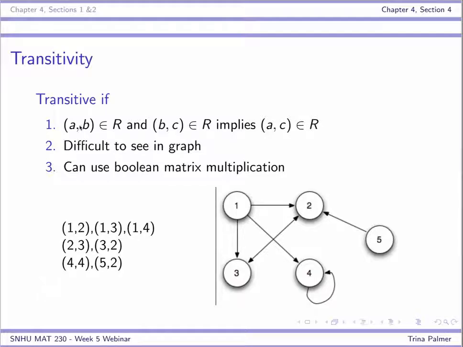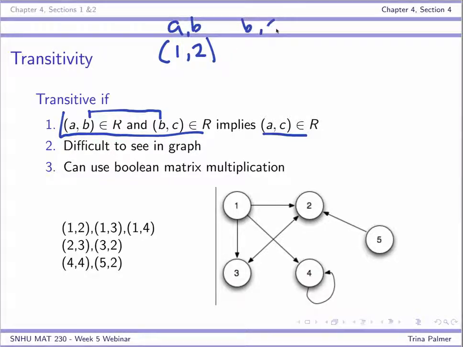Transitive means that if AB is in R and BC is in R, then AC must be in R. Notice these middle values have to be the same. If I have 1, 2, think of this as my A and my B, then I need a B and a C, so this has to start with a 2.